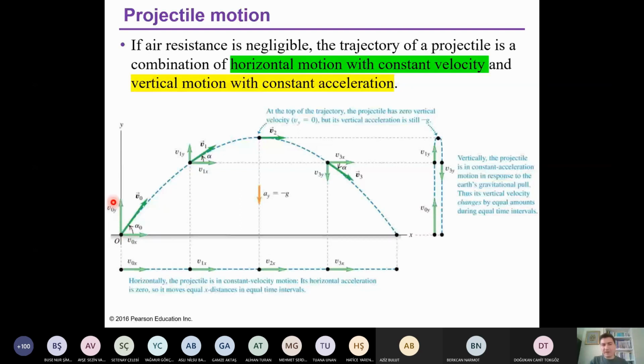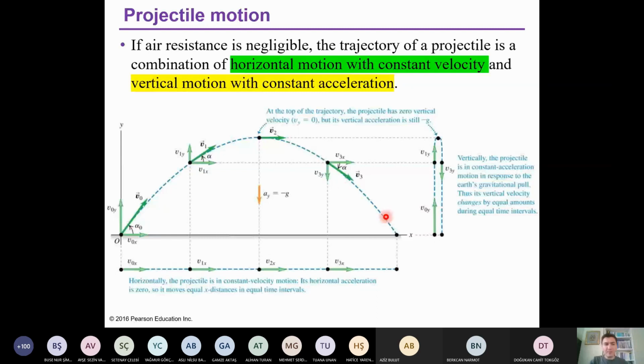So what do you expect? We have gravity, negative acceleration here along the negative y direction. So this initial velocity along the y-axis will be smaller and smaller. Finally, here at the top of the trajectory, the y velocity will be 0. And then the y velocity will increase again.